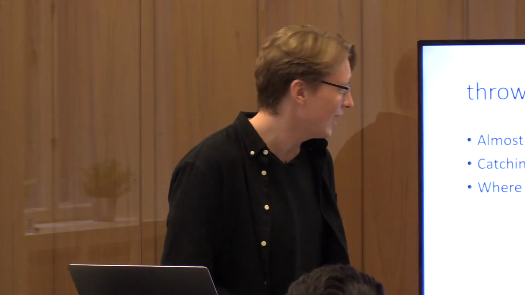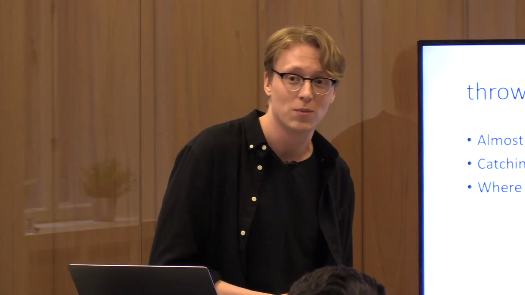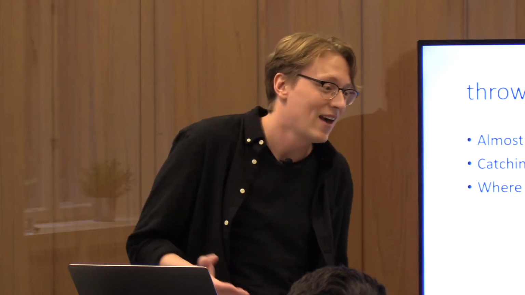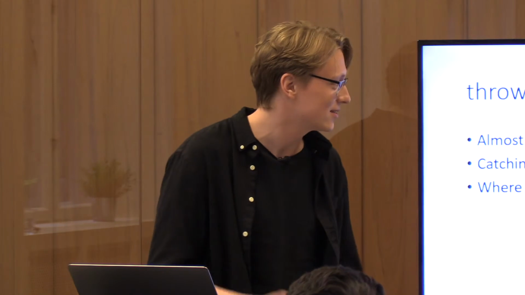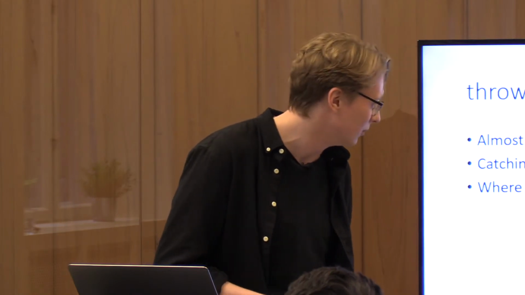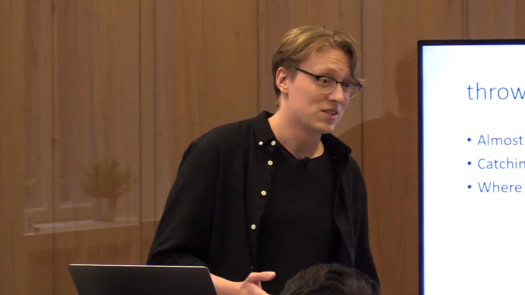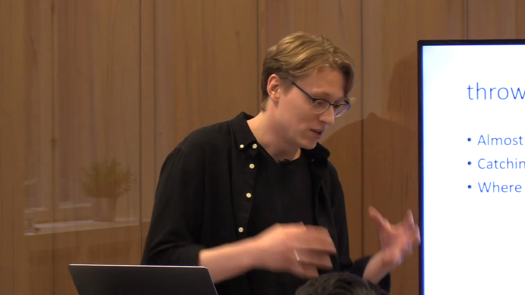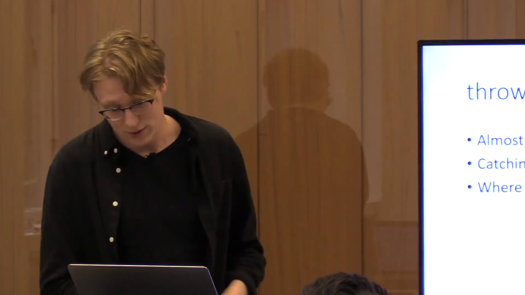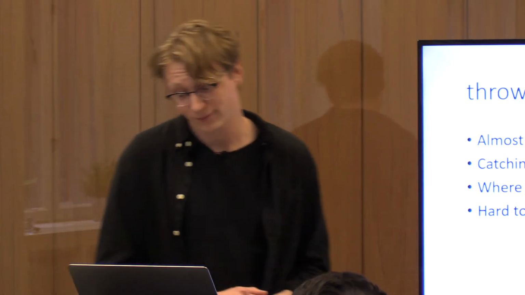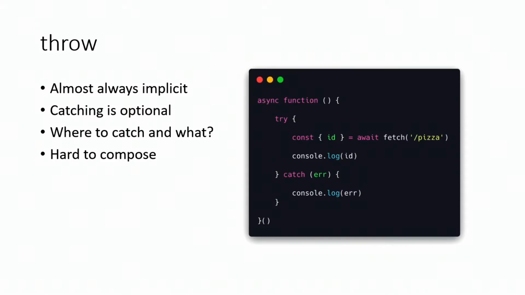And catching is not really straightforward. Sometimes you can catch, sometimes you can't because it's async. It's not very reliable, because there's no clear practice on where exactly to catch errors. On top of that, it's hard to compose.